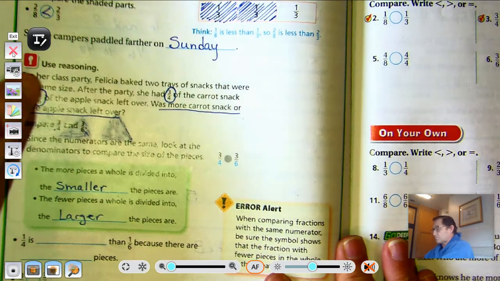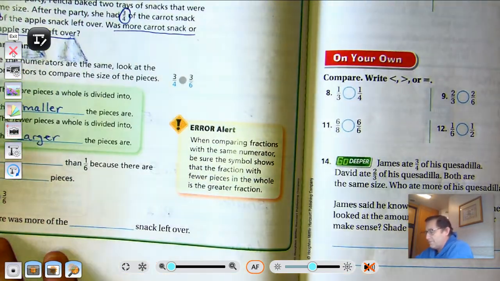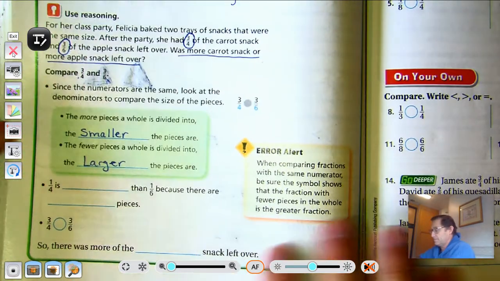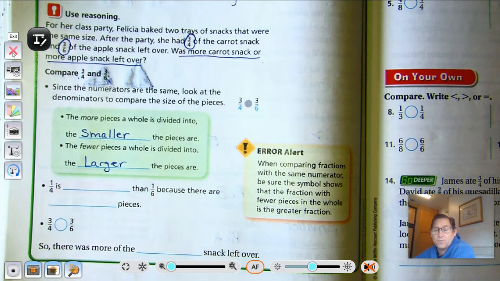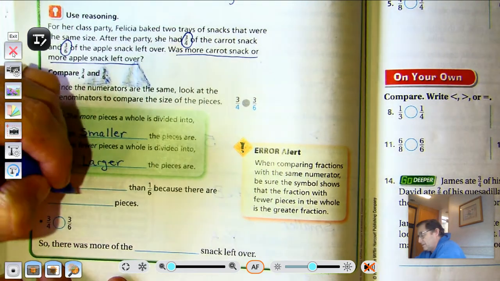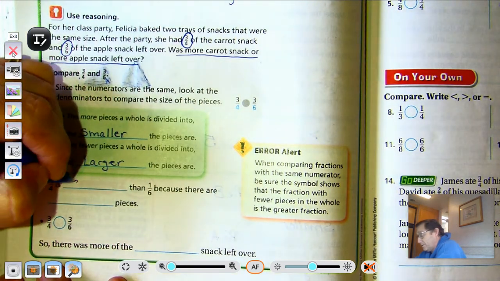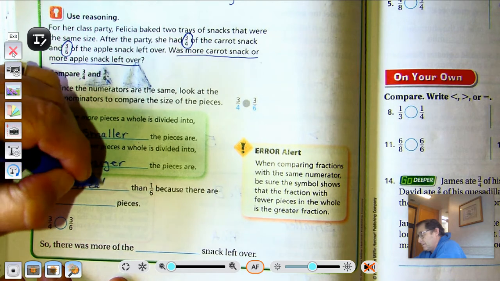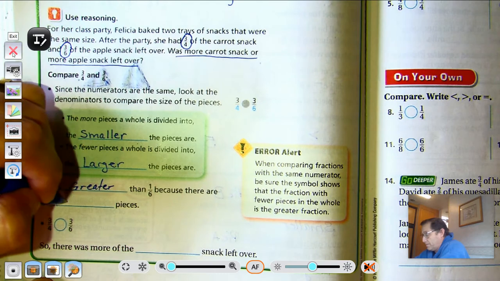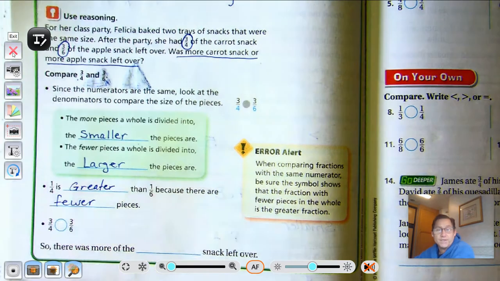So now 1/4 is what then 1/6? If we just looked at one of those 4 pieces and one of those 6 pieces, 1/4 is greater than 1/6 because there are fewer equal pieces.